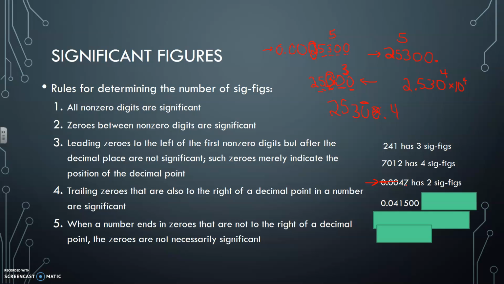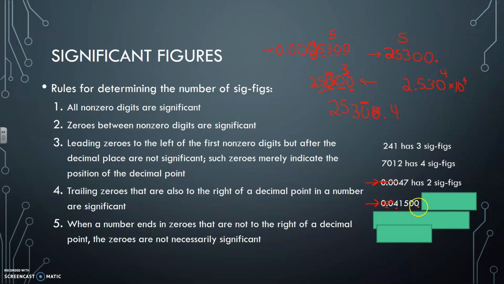What about this one? So with this one, again, you have a decimal point. So you're going to start counting from this side. Right? And these 2 zeros are not significant, okay, because they come before the first non-zero number. So you start counting at the 4. 4, 1, 5.